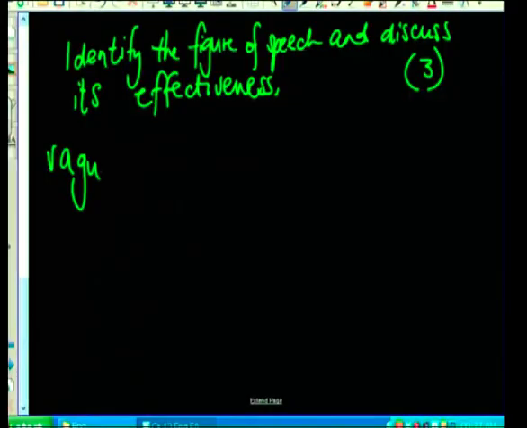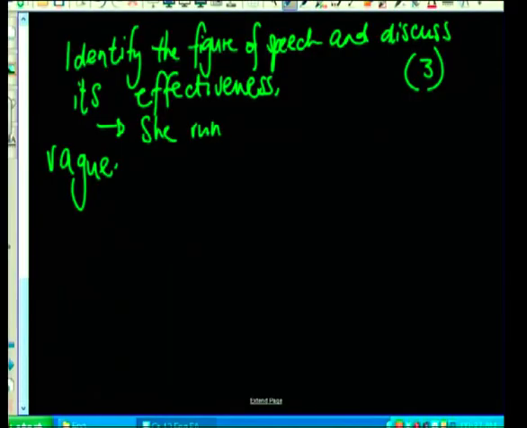So I'm going to give you a vague answer. Part of the question would be identify the figure of speech and discuss its effectiveness. And this would be what you need to identify. Let's go back to the old example of the simile we used. She runs like the wind.